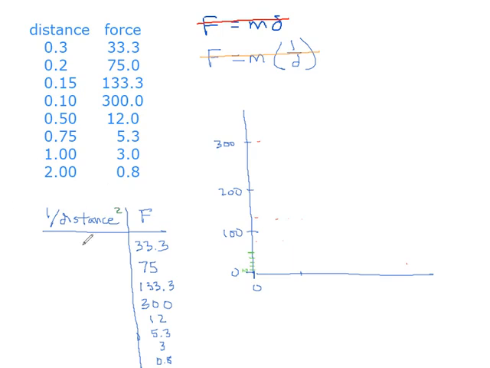Flip, square, and for this I get 11.1. 0.2, flip gives 5, squared gives 25. 0.15, flip gives 6.67, squared gives 44.4. 0.1 flipped is 10, squared is 100. 0.5 flipped is 2, squared is 4. 0.75 flipped is 1.33, squared, okay, I don't know that one, 1.8. 1 flipped is 1, squared is 1. And 2 flipped is 0.5, squared is 0.25.